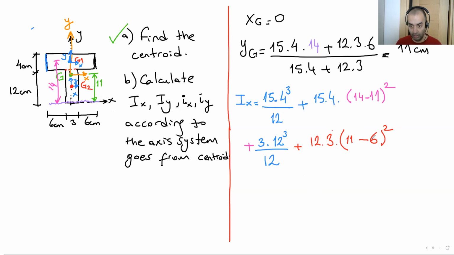Here is 3, here is 5, and the result is 1,952 centimeter to the fourth. Any question regarding this Ix? No, I think. Okay.